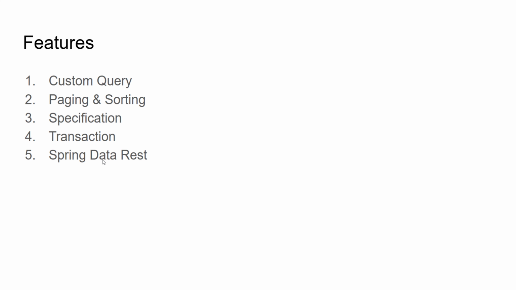And Spring Data REST exposes your repositories as a REST API with zero effort. That means we don't need to create the controller anymore. Very cool, right? We will learn about that later.